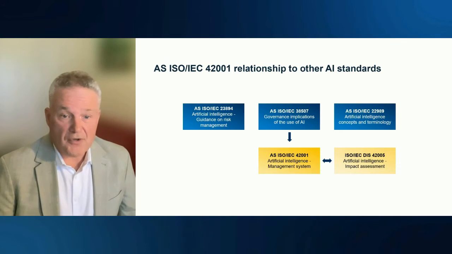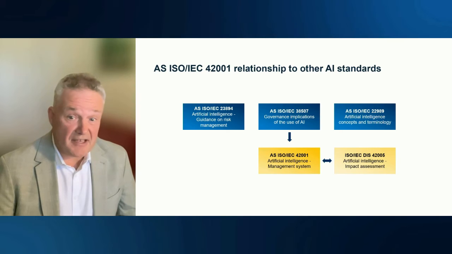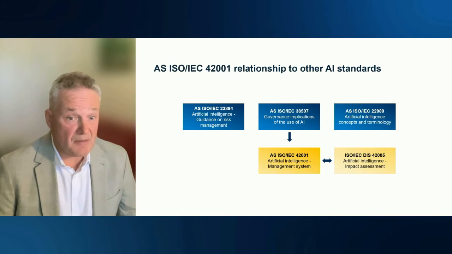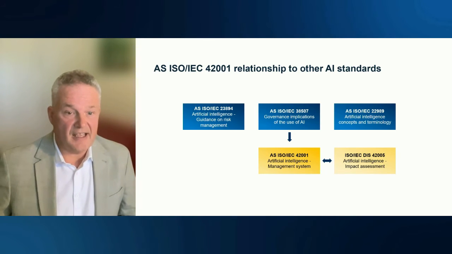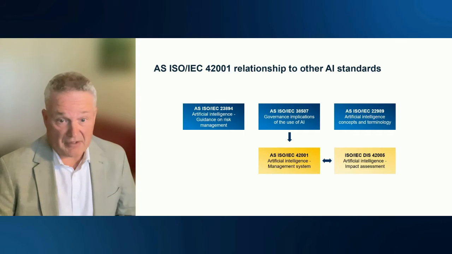Now, to help those that are responsible for AI in top management, the C-level executives and the board, 38507 is full of guidance on what can be reasonably expected from decision makers when it comes to providing direction to the use of AI systems in an organization. And then there is one other standard that I'd like to point out here that will become available later this year, and that is the AI impact assessment.